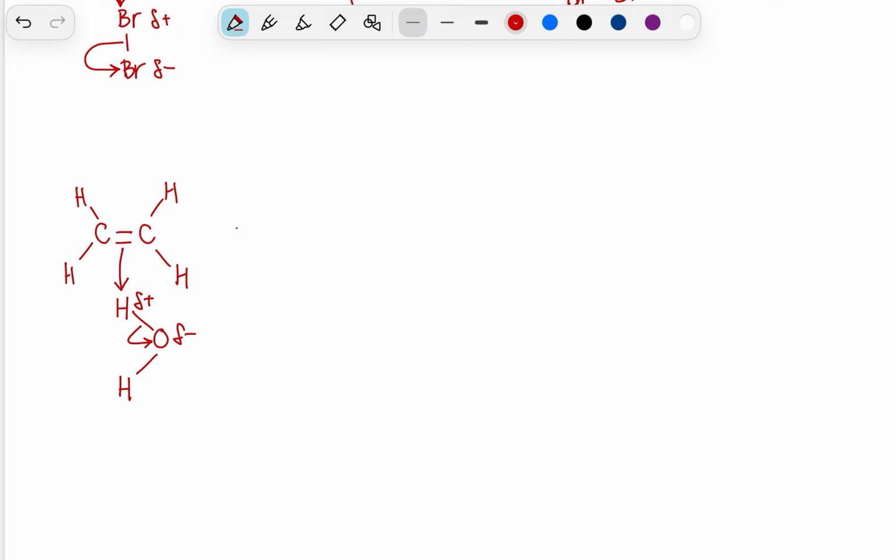Once again, you're forming an intermediate. It doesn't matter where your carbocation is because your molecule's symmetrical. And then you're left with OH minus. Be careful, the minus belongs to the O, and the lone pair is also on the O. Some people tend to put the minus on the H, but that's not correct technically.